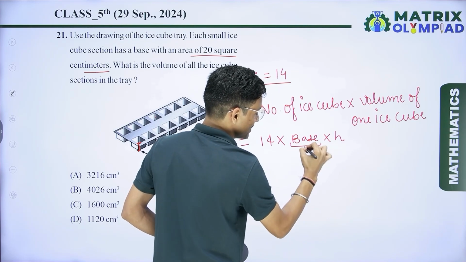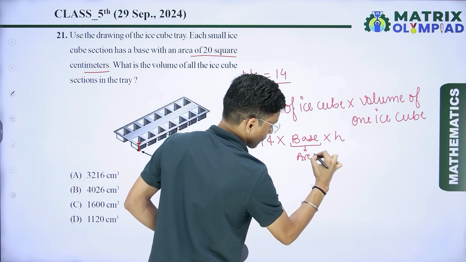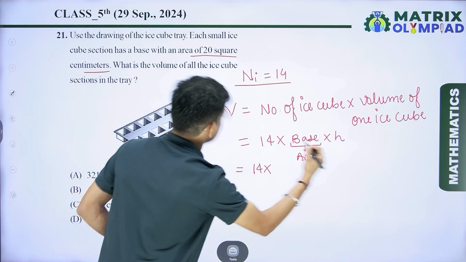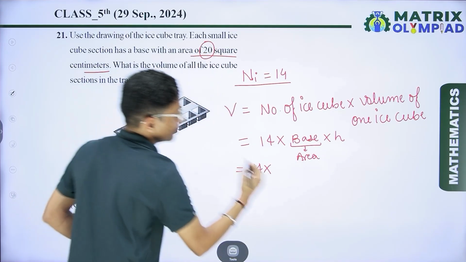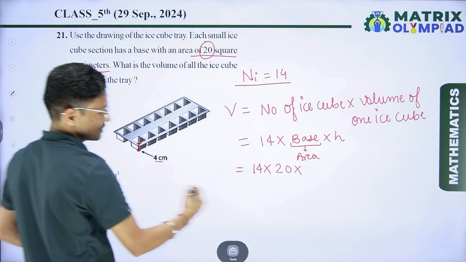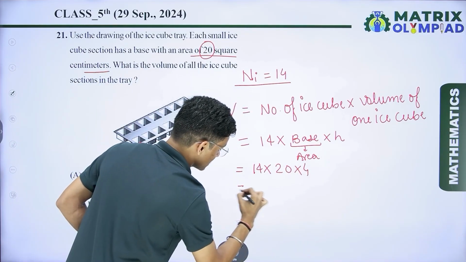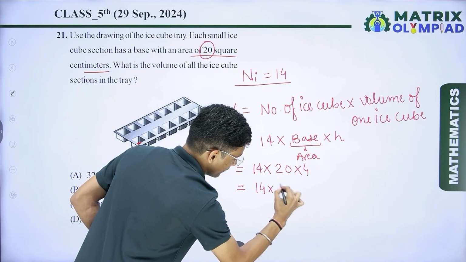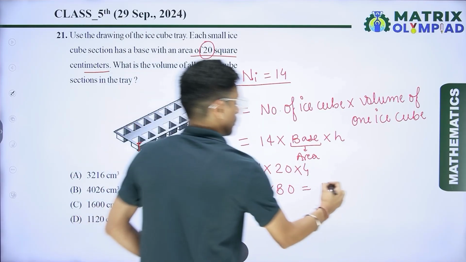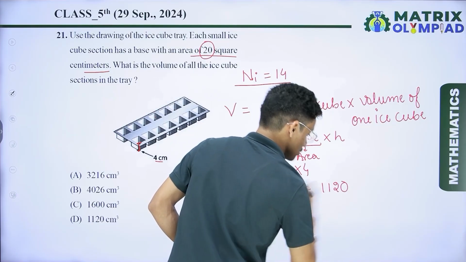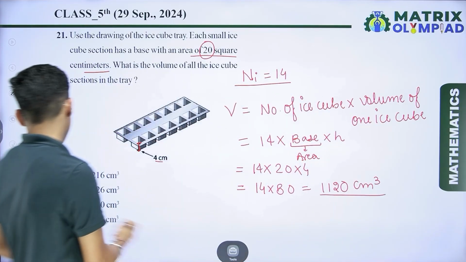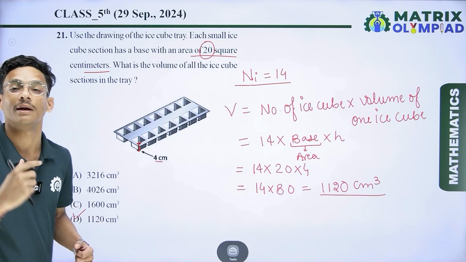Here base means the area of the base. Now 14 multiplied by the area of the base, which is 20, multiplied by the height, which is 4 centimeters. If I multiply all these numbers, I get 14 multiplied by 80, that is 1120 centimeter cube. So option D is the correct answer.